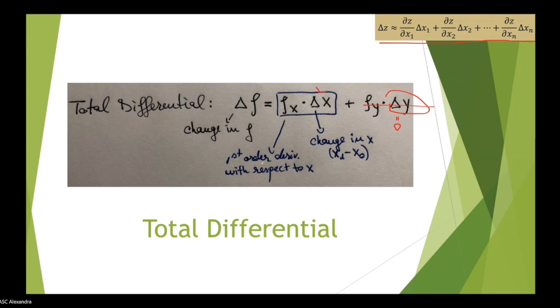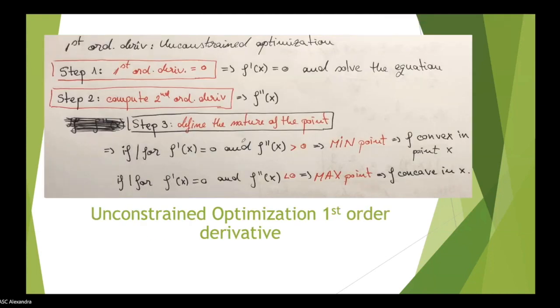So you just do the first order derivative of fx, multiply those, and then you get the change of the whole function. And that's what the total differential is about. It's not very complicated. Just see where you have the changes and then apply it directly in the formula and do the first order derivative.